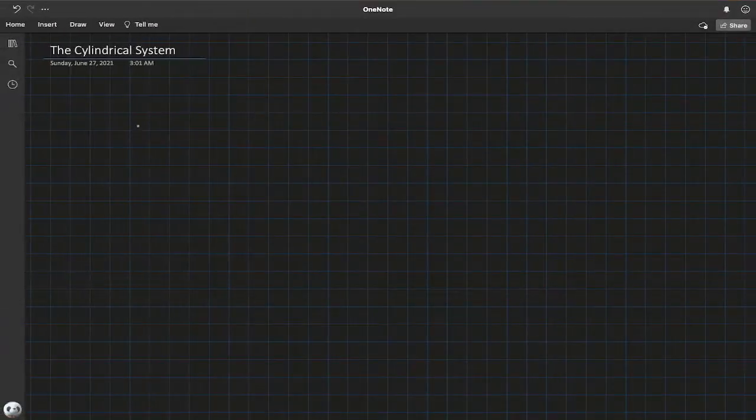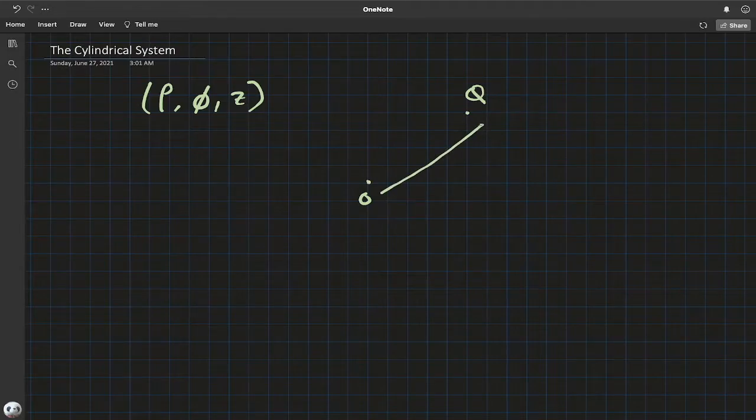So for the cylindrical system, we have variables rho, phi, and z. And if you have some point, say this is the origin, some point q, well, the distance of that point from the origin is what is denoted by this rho.